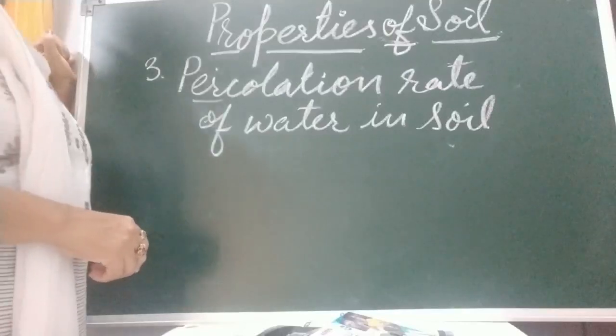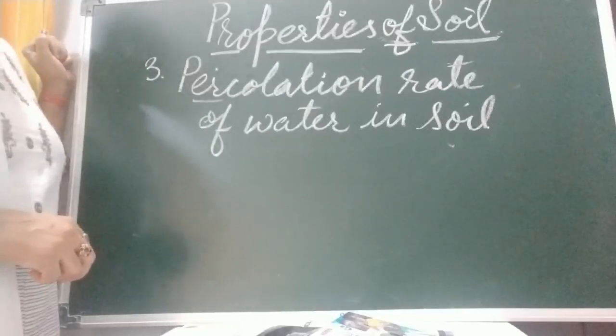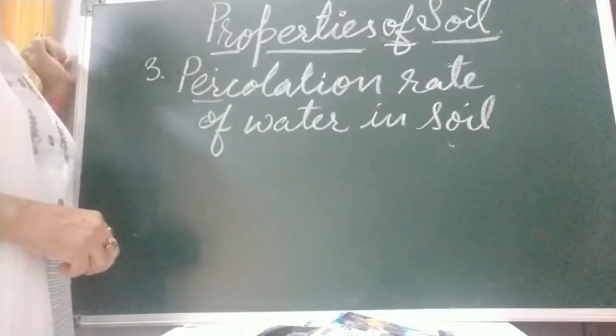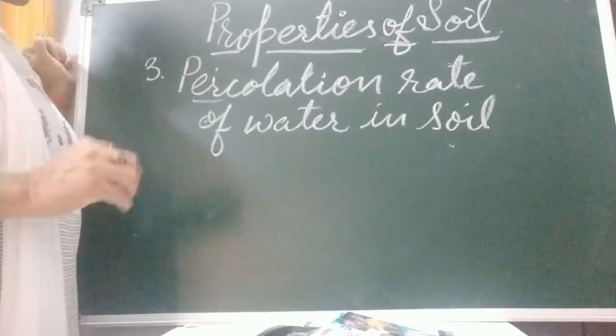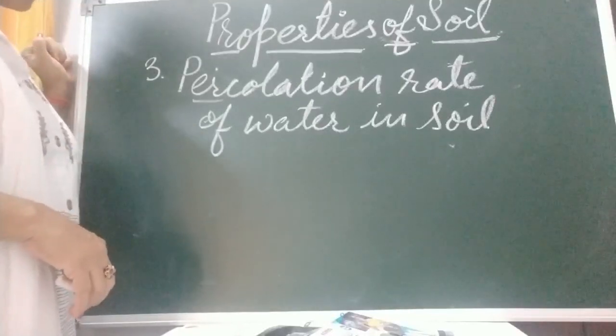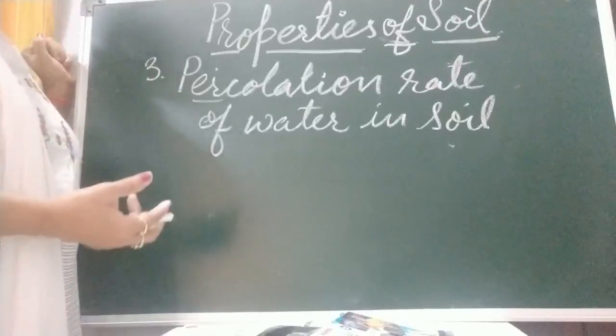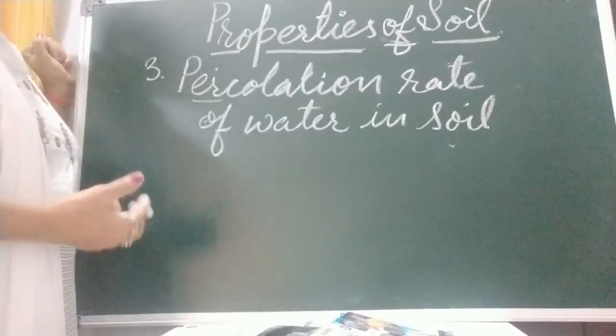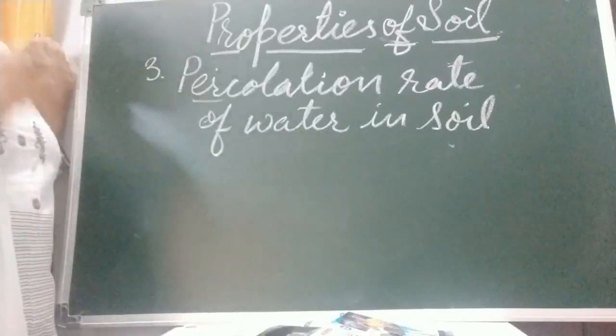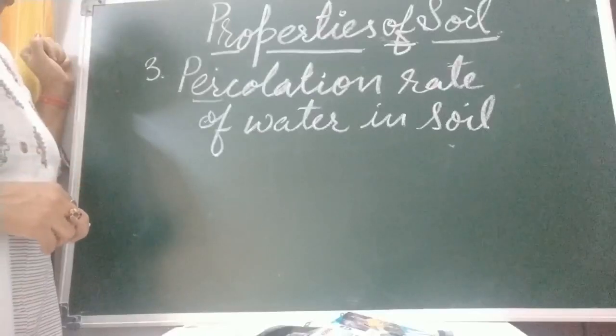Some crops require more water, some require less, some a moderate amount. So we can grow crops, vegetables or fruits according to the percolation rate of soil.